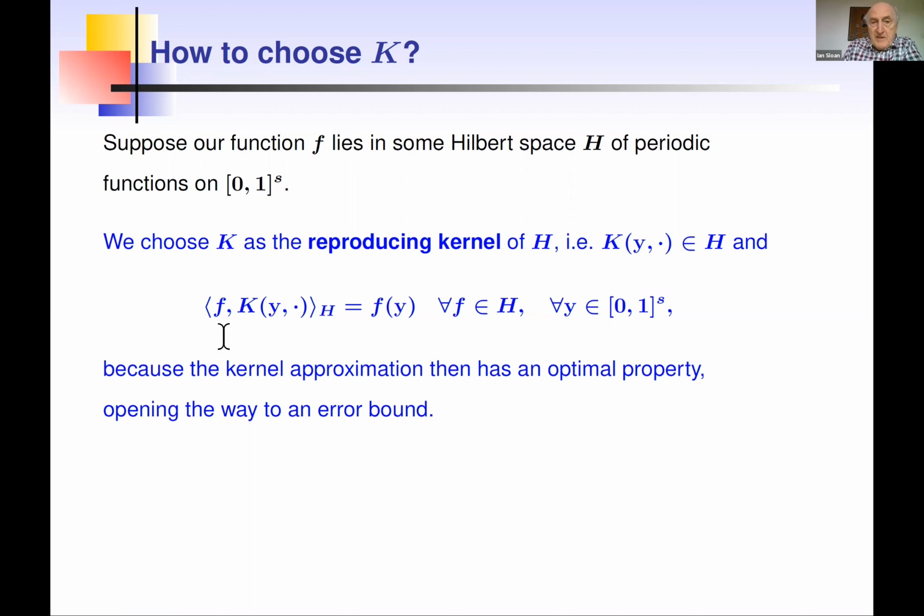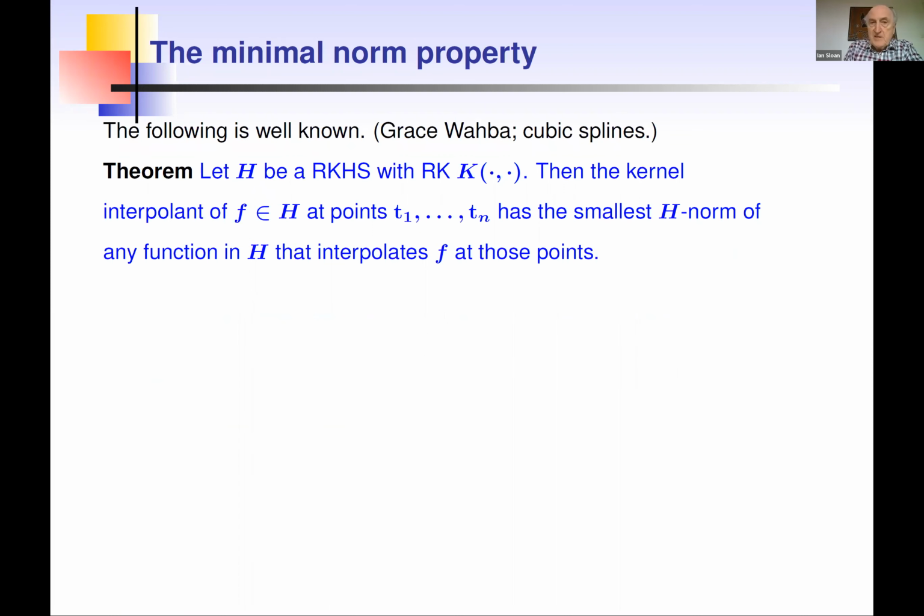It in particular has this reproducing property, which makes the magic work: the inner product of any function f in H with the kernel, remember the kernel itself is in H, reproduces the value of f at y, for all f in H and for all y. And from our point of view, there are many advantages, but kernel approximation has an optimal property which leads to an error bound.